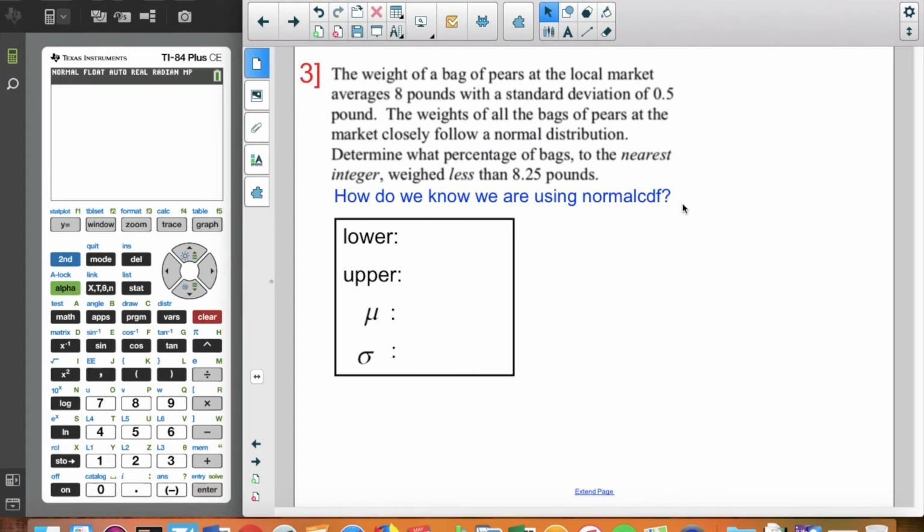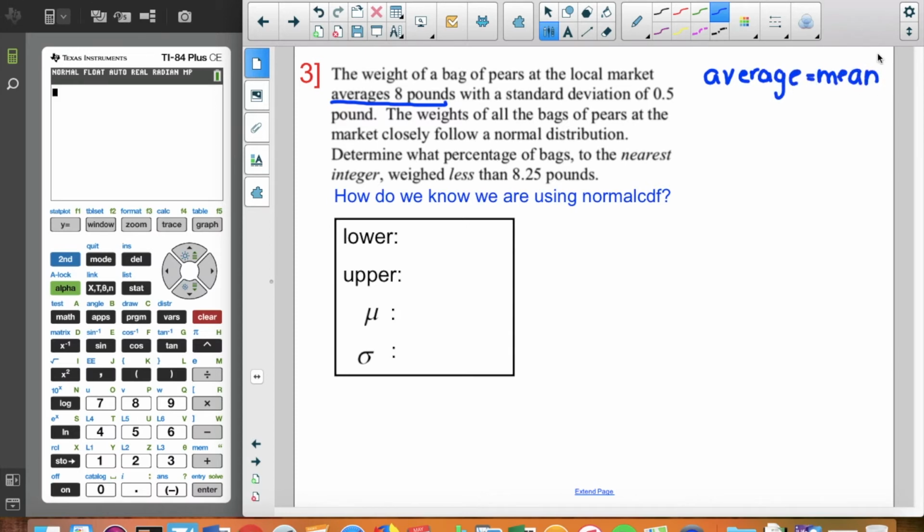All right, so let's look at number 3. It says that the weight of a bag of pears averages 8 pounds. Now, since it averages 8 pounds, that's telling us the mean. It doesn't say mean, but remember, average is the same thing as mean. It's just another word for it.